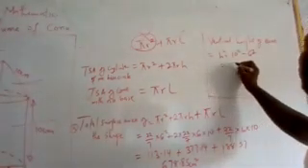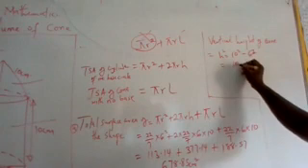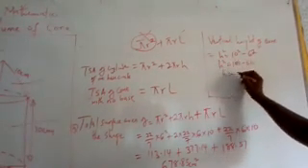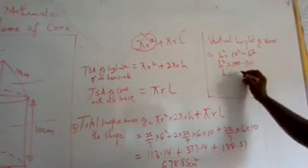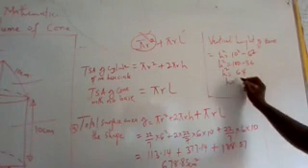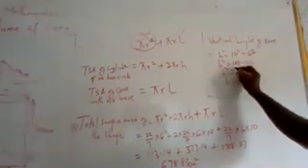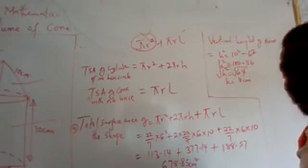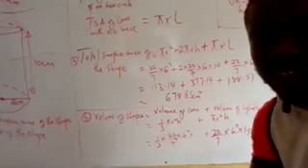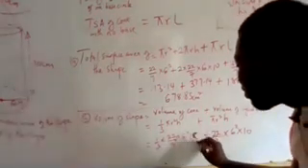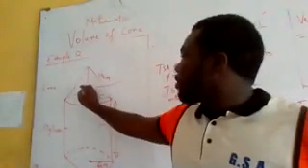So this would be 100 minus 36, that is 64. So h is equal to 8 centimeters. So the height for the cone here is 8 centimeters.